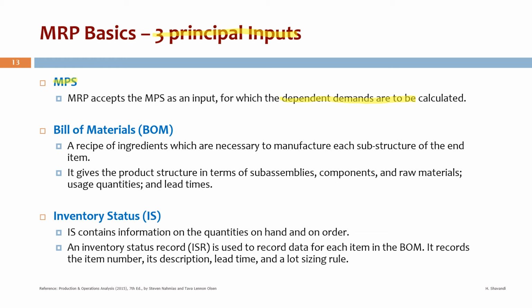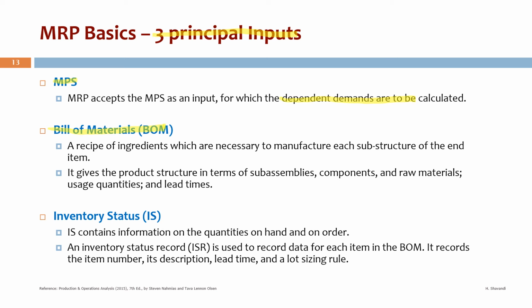Okay, and then the second input for MRP is called bill of materials, or BOM. It will be a structure for the product showing what the sub-assemblies and components or materials are, and in what structure we need to assemble those parts and use those materials in order to make the end item.